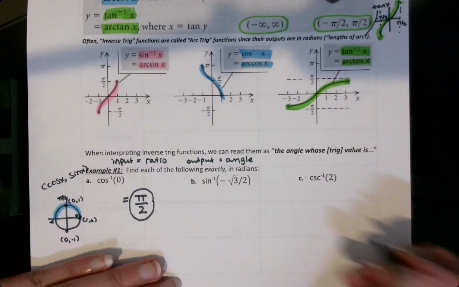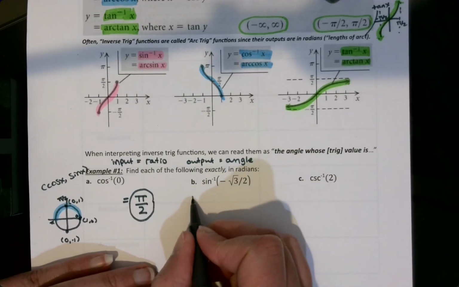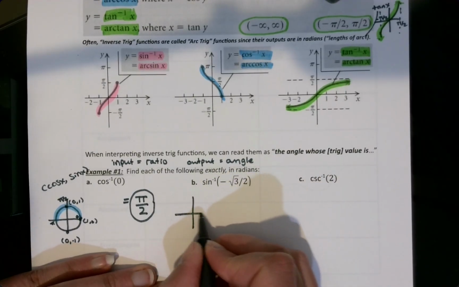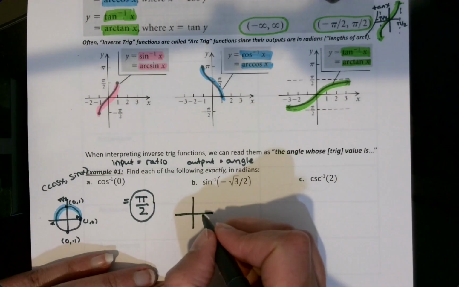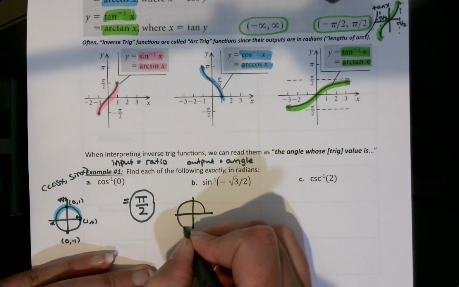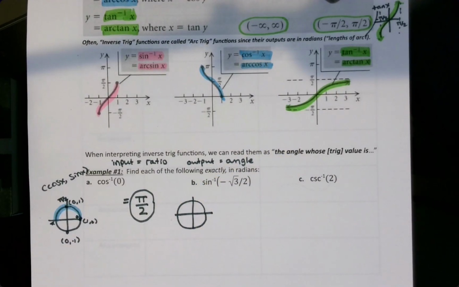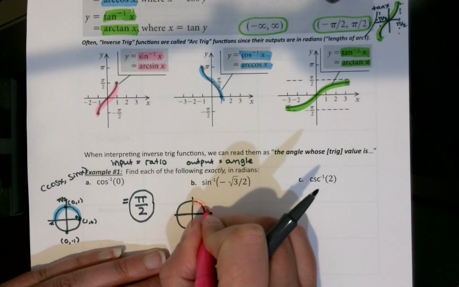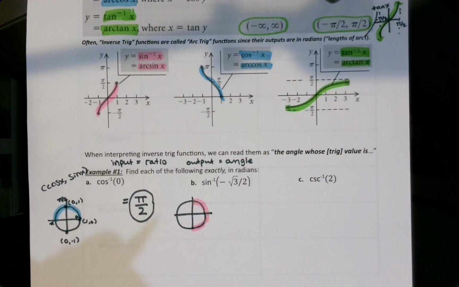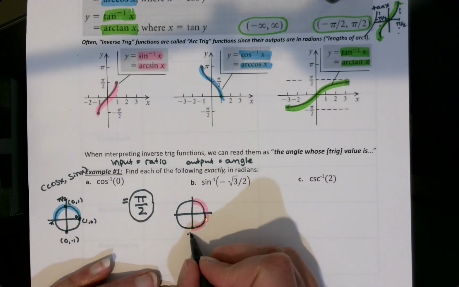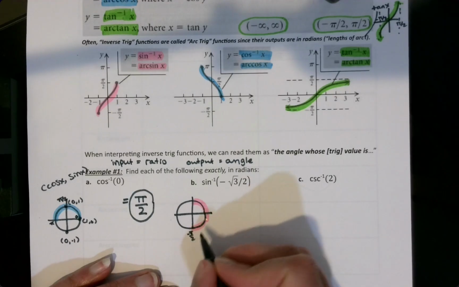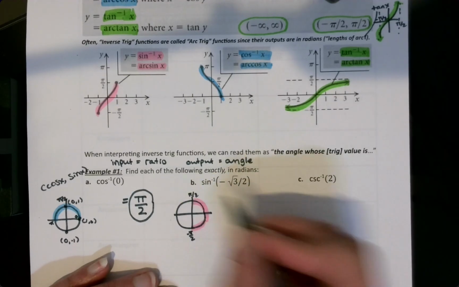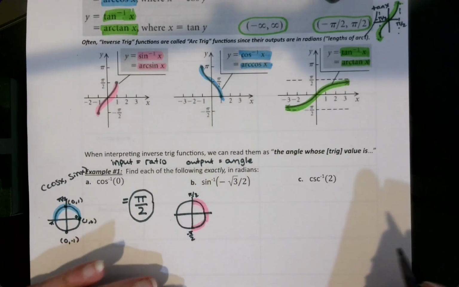Okay. The next one, I need the arc sine to be equal to the negative square root of 3 over 2. So I'm going to think about my unit circle. And on the sine function, I remember that the outputs need to be between negative pi halves and pi halves. So for the sine function, I'm looking between the angle negative pi halves and pi halves for the outputs of arc sine.